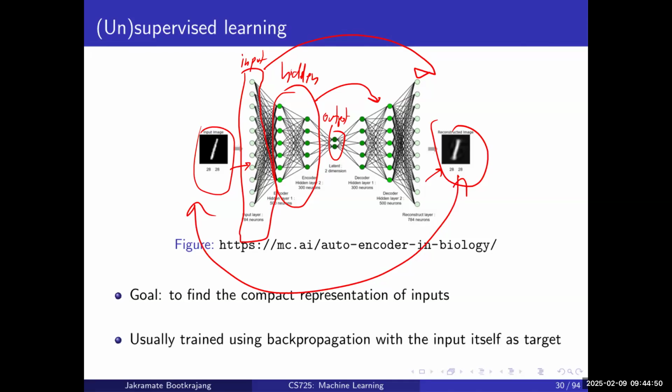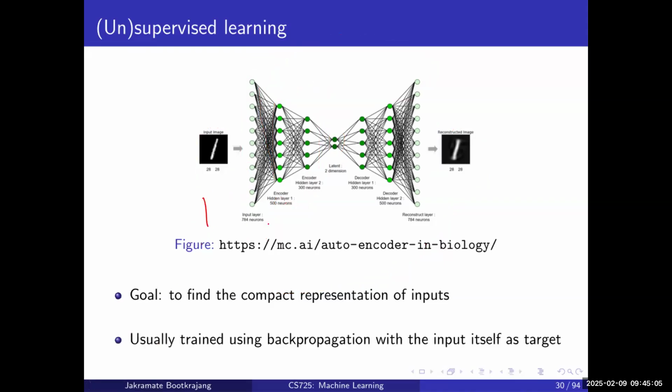And with this process, what you get is a representation of the input, right? This part is going to be the encoder. So what do I mean by encoder?